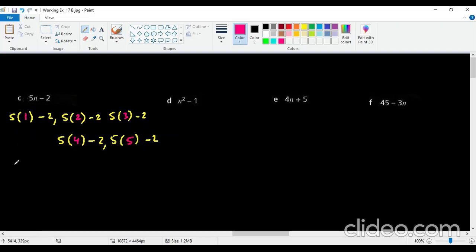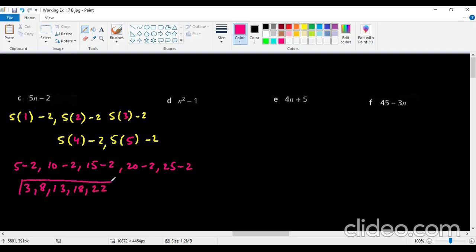So the first term is going to be 5 minus 2, 10 minus 2, 15 minus 2, 20 minus 2, and 25 minus 2. So finally you will get 3, 8, 13, 18, and 23. So this is the sequence we're talking about.